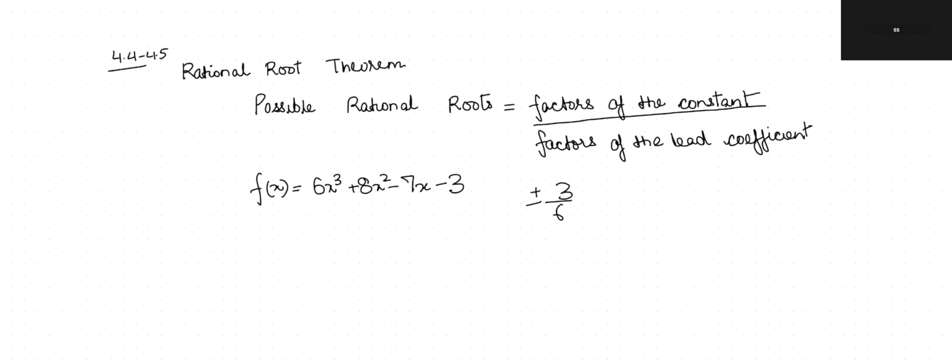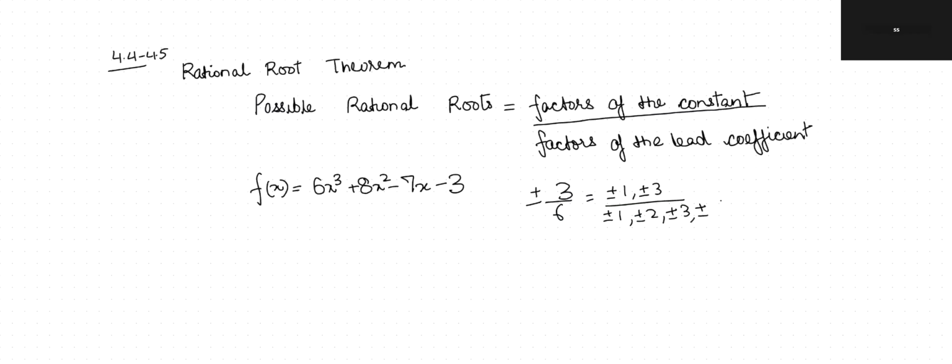So the factors of 3 are plus minus 1, plus minus 3, and the factors of 6 are plus minus 1, plus minus 2, plus minus 3, and plus minus 6.